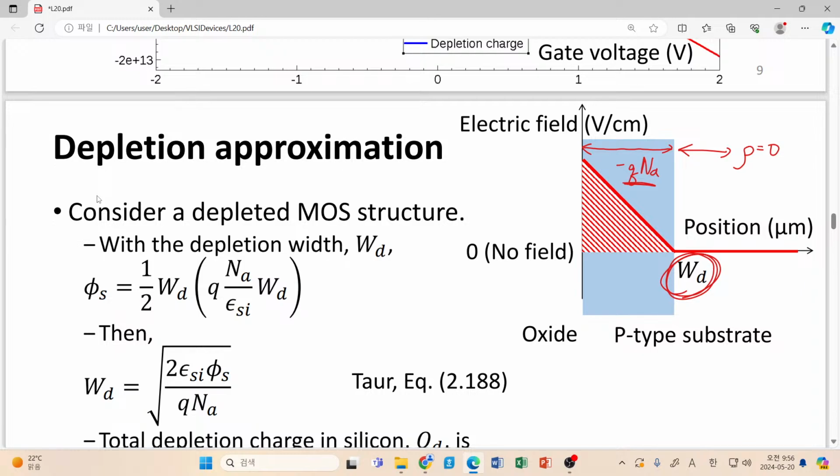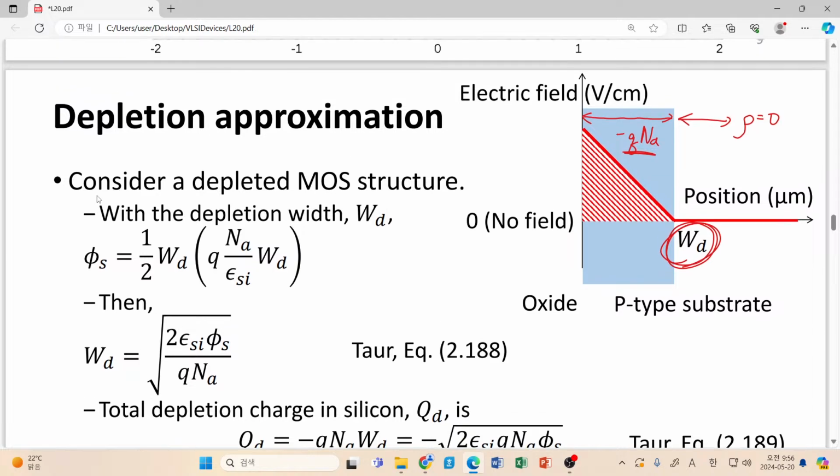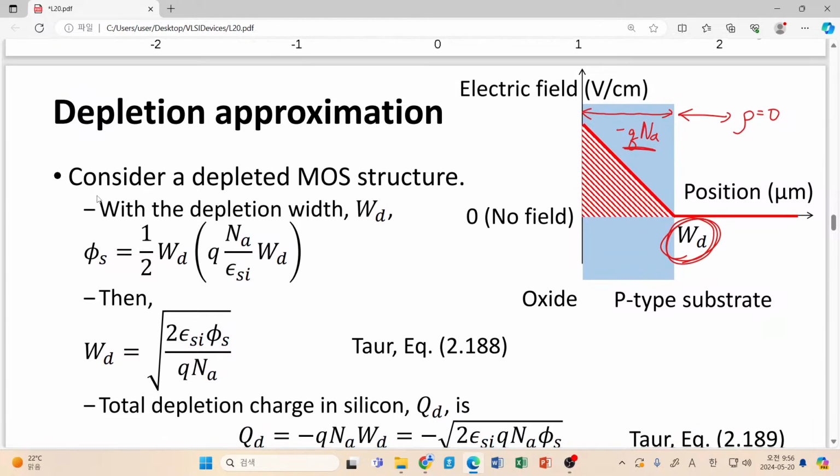If we have this depletion layer with depletion width WD, then this is the electric field, and by integrating this electric field, we can get the potential difference between these 2 points.